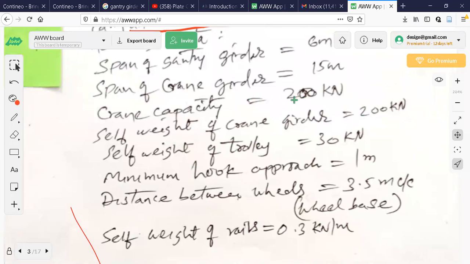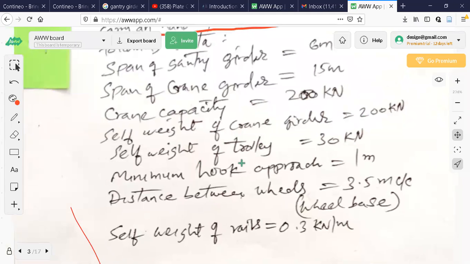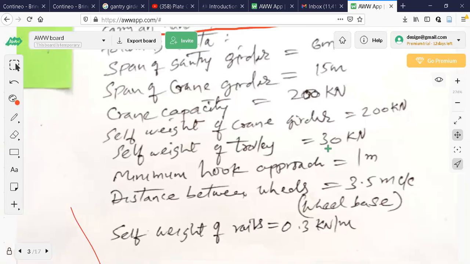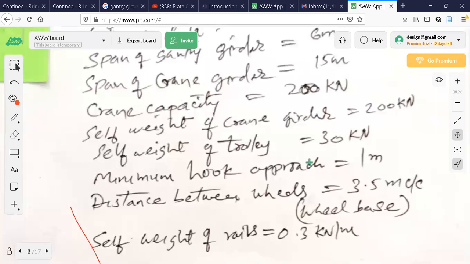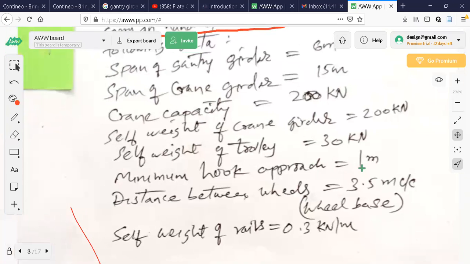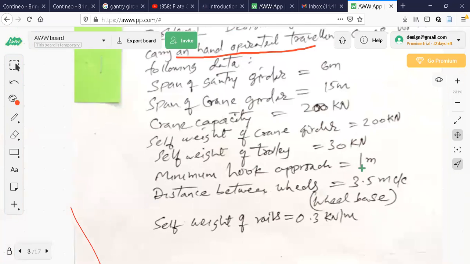So crane capacity is 200. It can lift 200 kN. The self weight of the crane girder is given as 200 kN. Self weight of the trolley, whatever trolley is there, that is 30 kilonewton is given. Minimum hook approach is 1 meter. Minimum hook approach. Now observe here. What it means, I'll show you in a simple way.